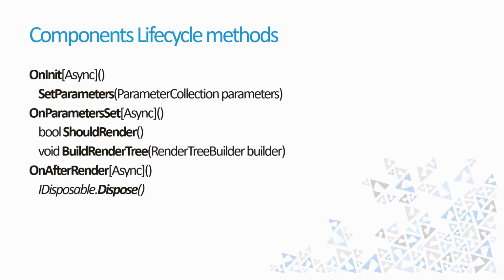And then we've got OnParametersSet, which is just like a placeholder you can override. Then there is the ShouldRender method, which by default returns true, but you are able to override that and tell the whole engine that you don't want to re-render the component.